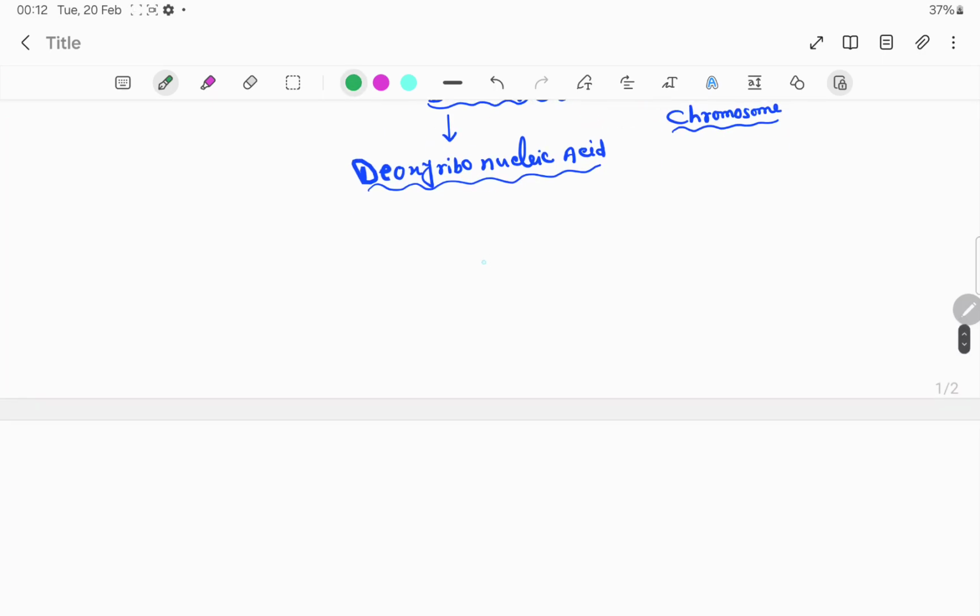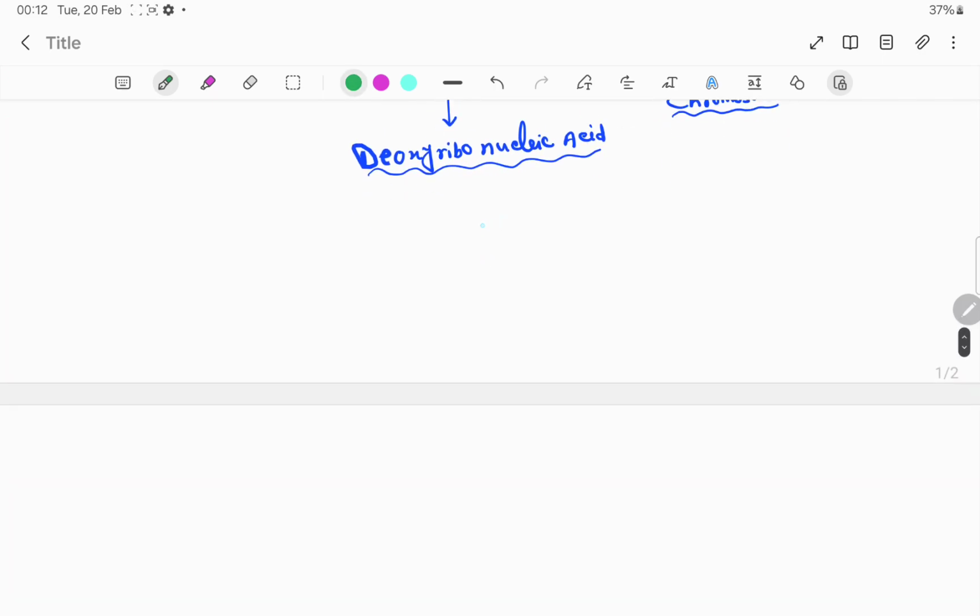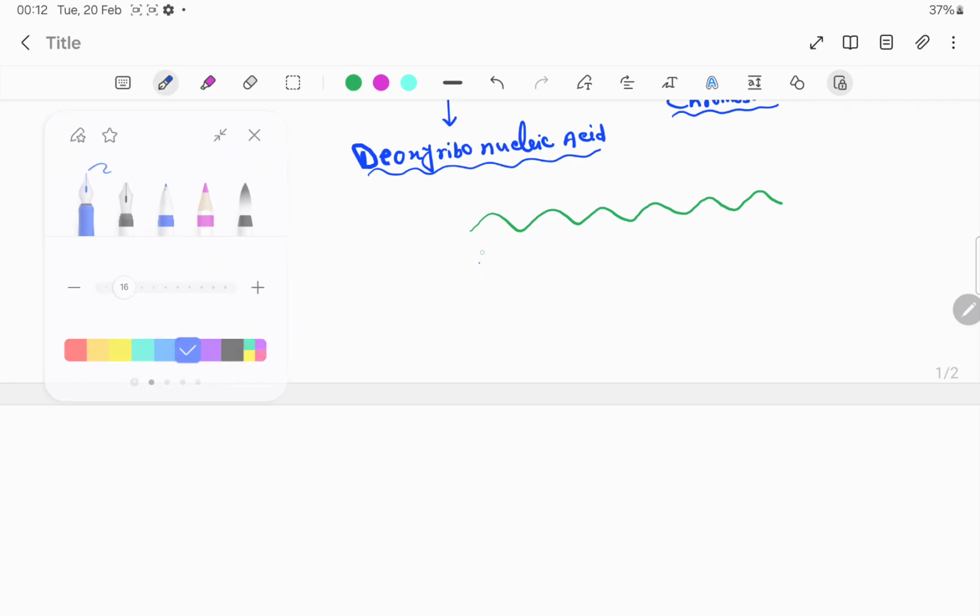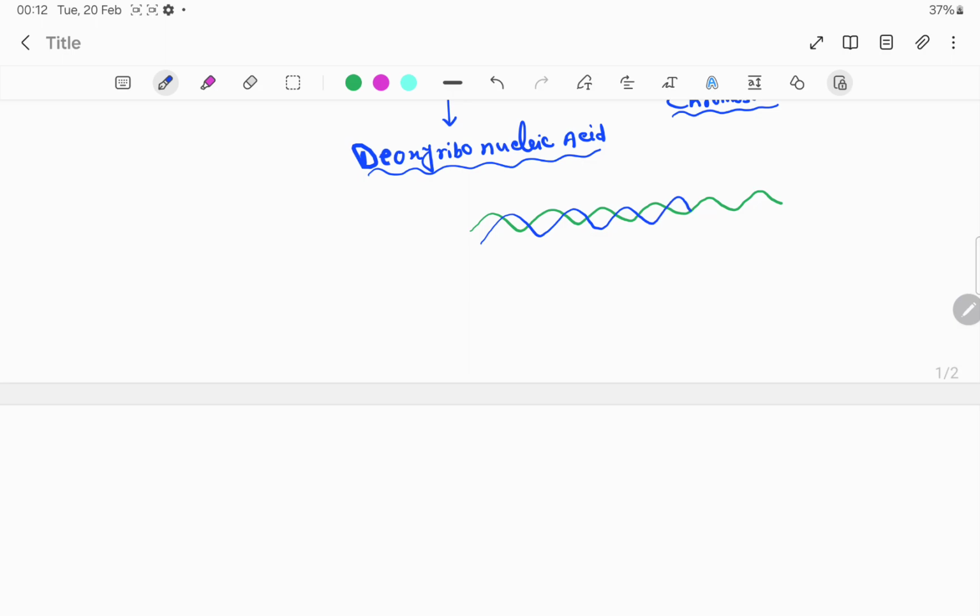So let me draw a DNA. This is a DNA. In higher classes you will study that DNA has a helical structure and it has two strands. One strand runs from 3 prime to 5 prime direction.